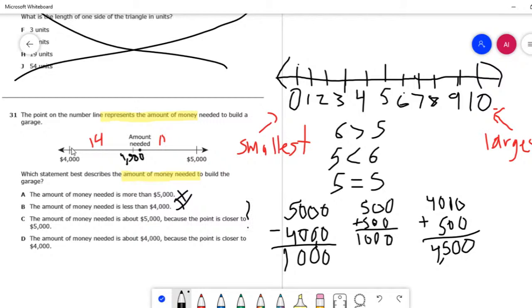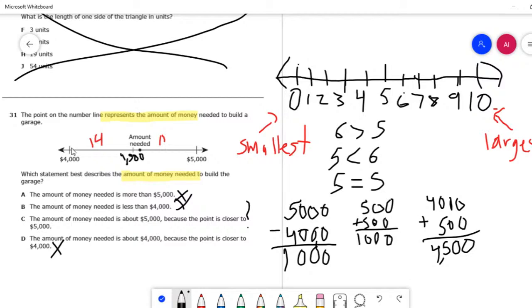We'll put a question mark. And answer choice D says the amount of money needed is about 4,000 because the point is closer to 4,000. We know this is wrong because we measured that our amount needed is a little bit closer to the number 5,000 than it is to 4,000. So it's not closer to 4,000. So we can mark that as an incorrect choice too.